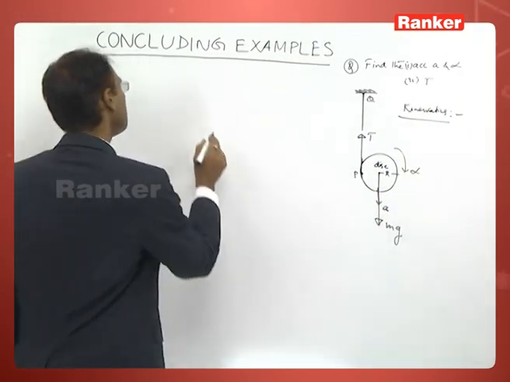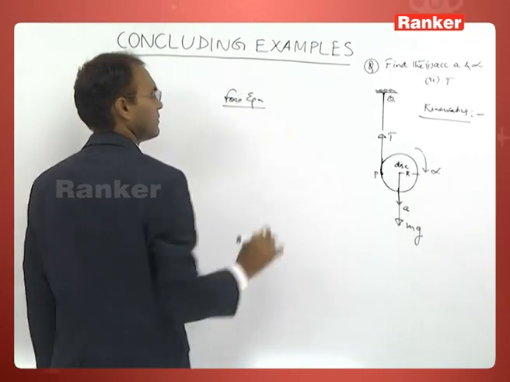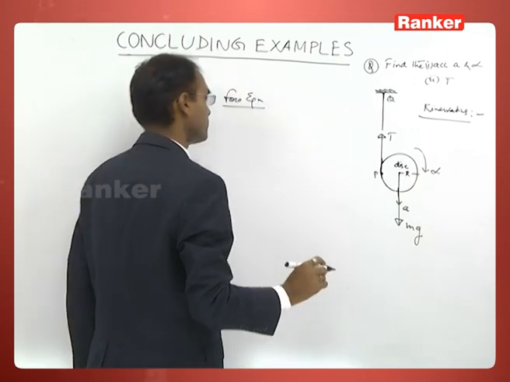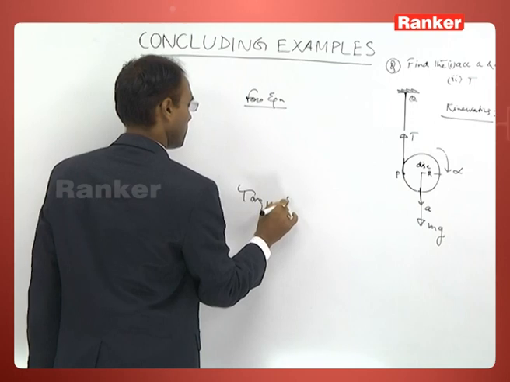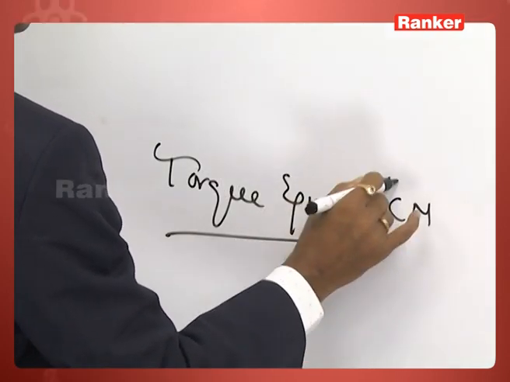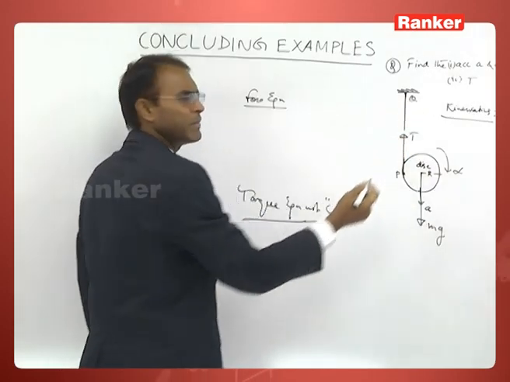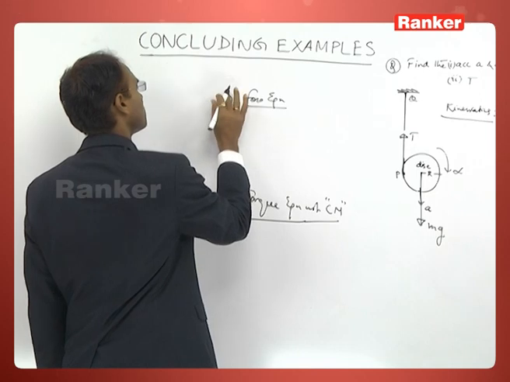Let us write the force equation. With respect to center of mass, then you can write torque equation. With respect to center of mass, then kinematical equation. So let us start force equation.